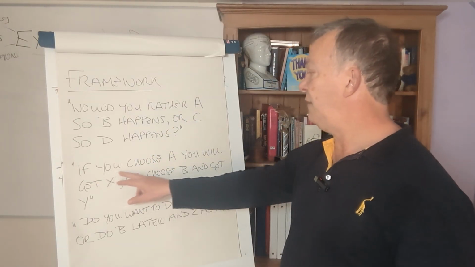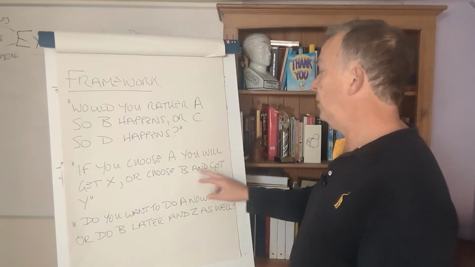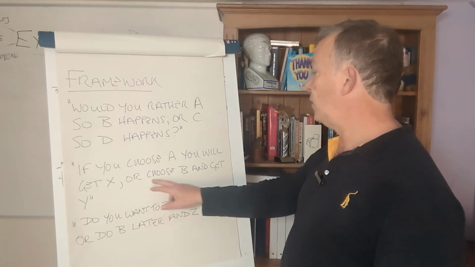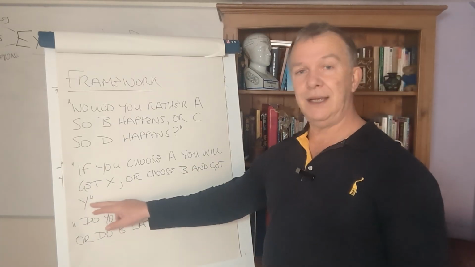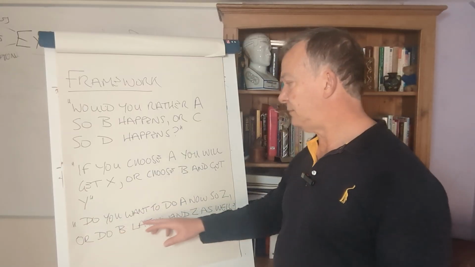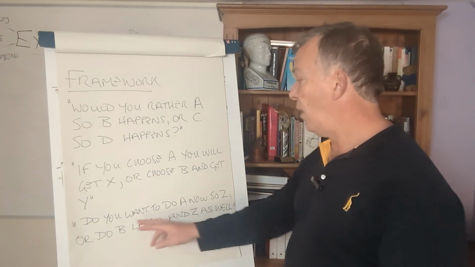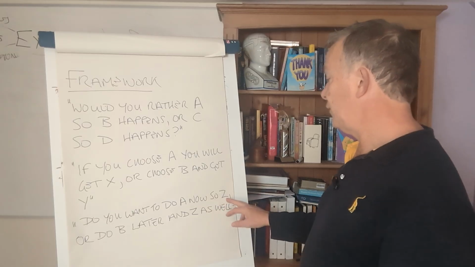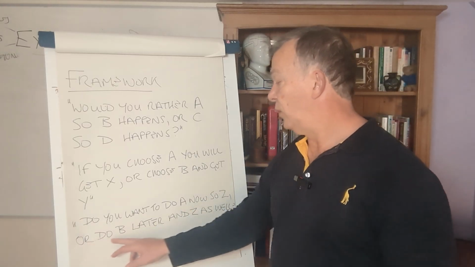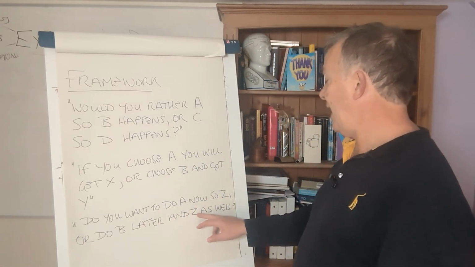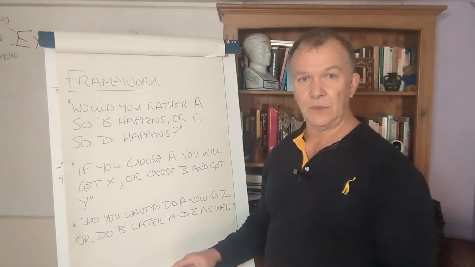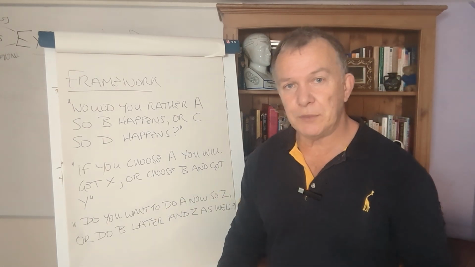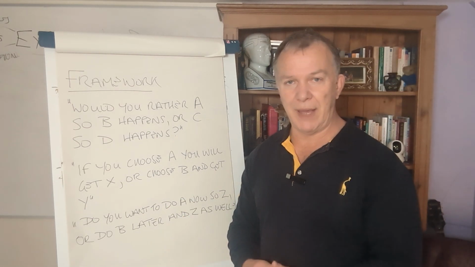Another construction: if you choose A, you will get X, or choose B and get Y. So that's another example. Or, do you want to do A now so that Z, or do B later and get Z as well? And so these language patterns are really, really powerful.